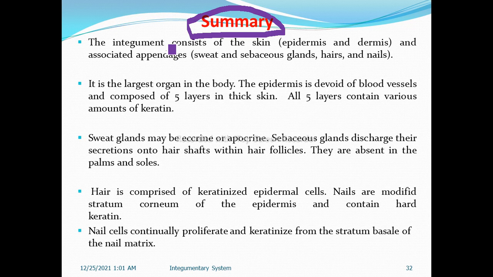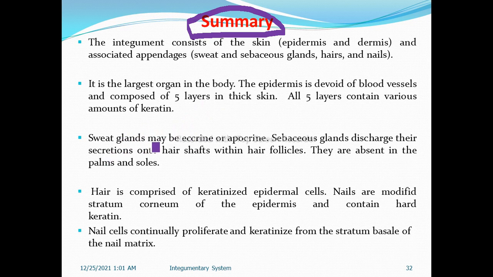Skin is the largest organ in the body. The epidermis is devoid of blood vessels and is composed of 5 layers in thin skin. All 5 layers contain various amounts of keratin. In thin skin there is a small amount of keratin, but in the palms and soles, it is thick skin, having 5 layers and also more keratinization.